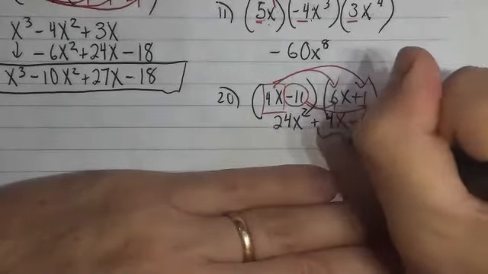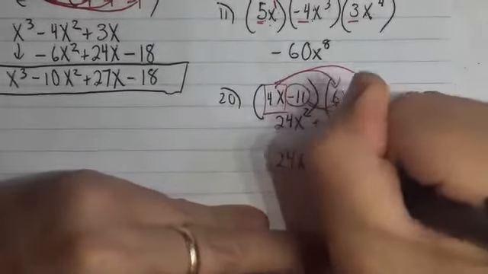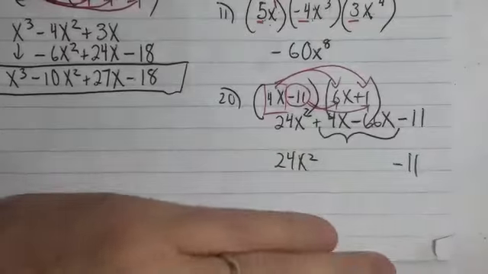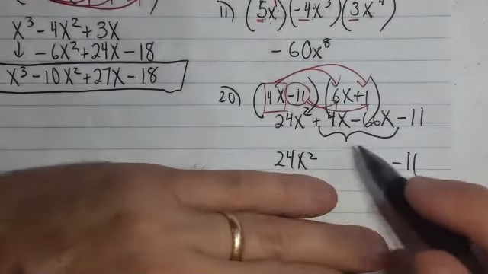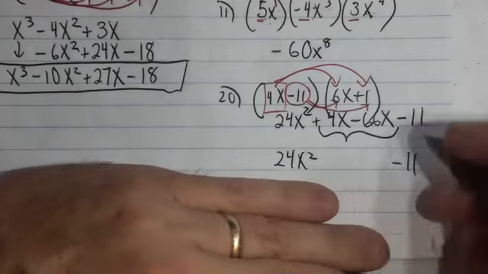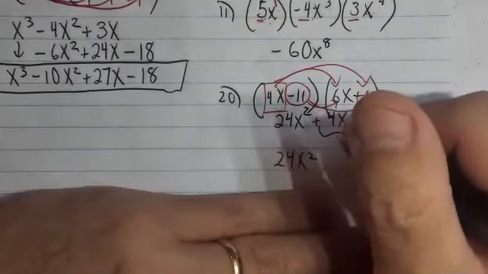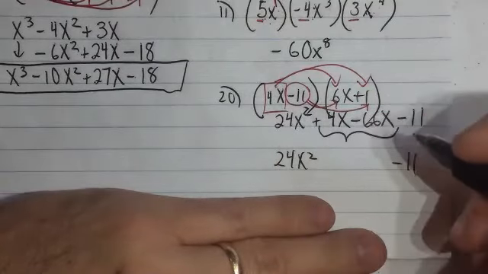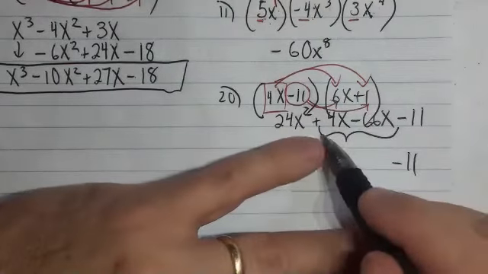So my like terms, again, are in the middle. We'll just move the 24x squared down. Minus 11 down as well. And this is a positive and a negative, and we're adding these together. So we're going to subtract these. 66 minus 4 would give me a negative 62. Make sure that's right.